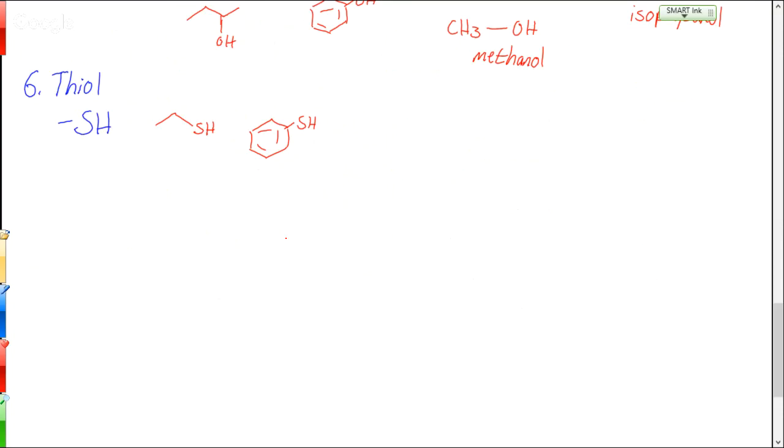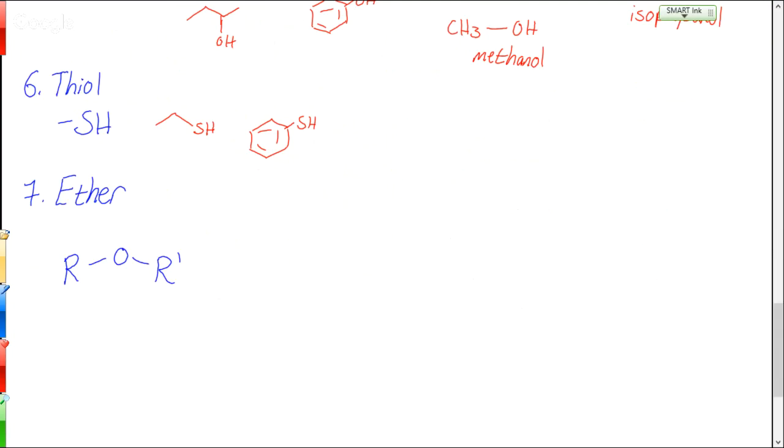All right, and then we've got ethers. So with ethers, we're going to use this notation that we'll end up using more later. Looks like this.